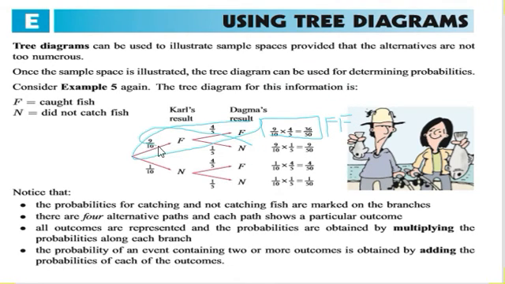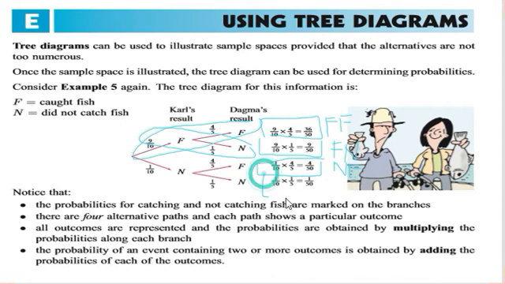But if Carl only will be able to catch a fish, and Dagma will not, this is the probability. Okay? 9 out of 50. So this is Carl catch a fish, Dagma will not. And then Carl not able to catch a fish, so N, and then Dagma was able to catch a fish is 4 out of 5.